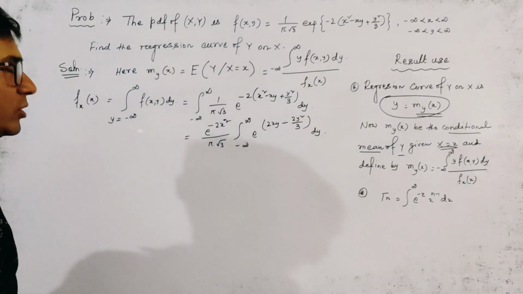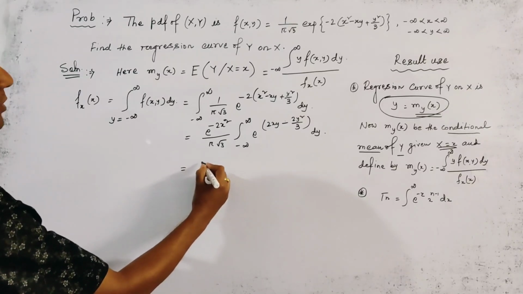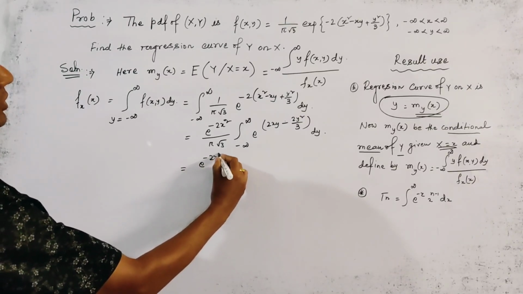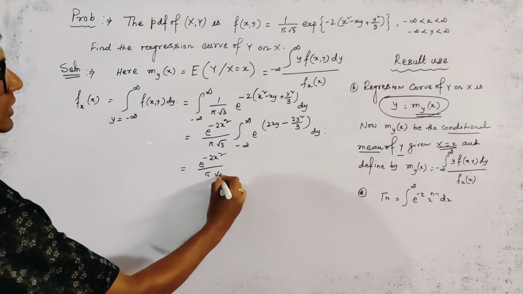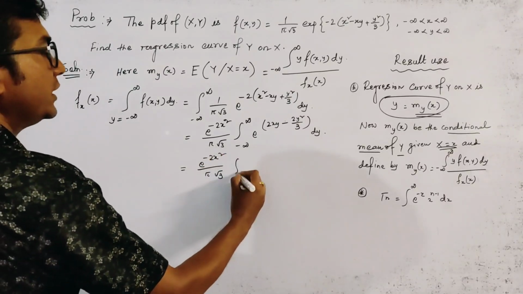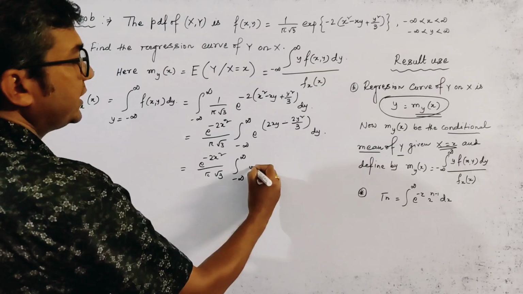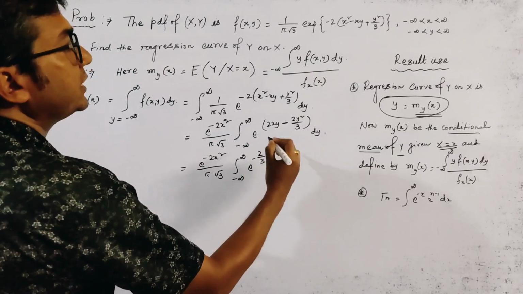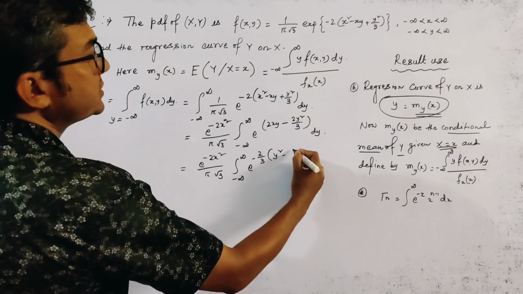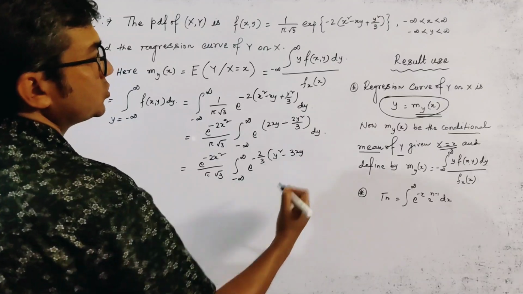Okay, and let it be e to the power minus 2x square by pi root 3 into the integration from minus infinity to infinity of e to the power minus 2 by 3 into (y square minus 3xy).